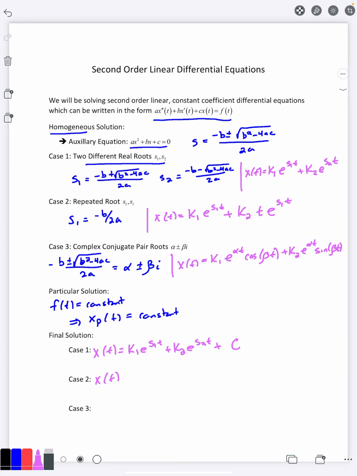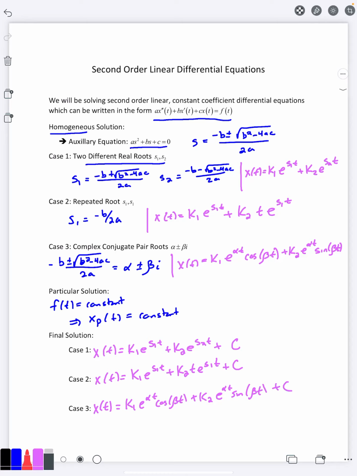My case 2 is going to be k1 e to the s1 t plus k2 t e to the s1 t plus some constant c. And my case 3 is x of t is k1 e to the alpha t cosine beta t plus k2 e to the alpha t sine beta t plus some constant here.